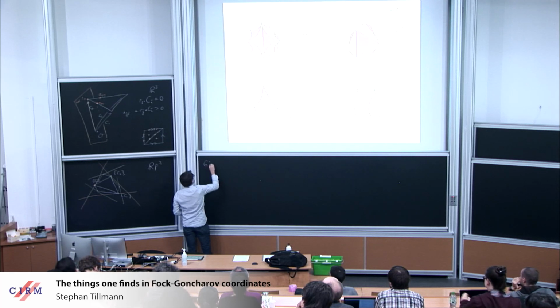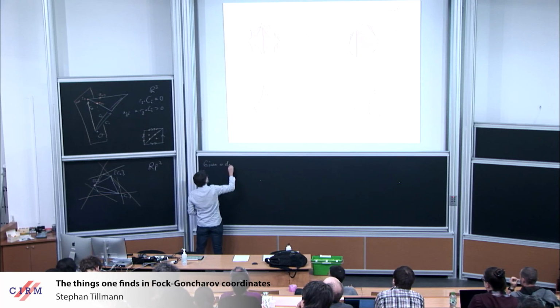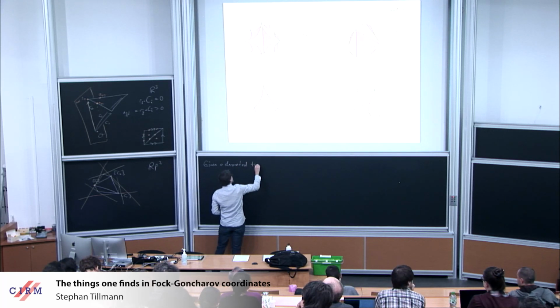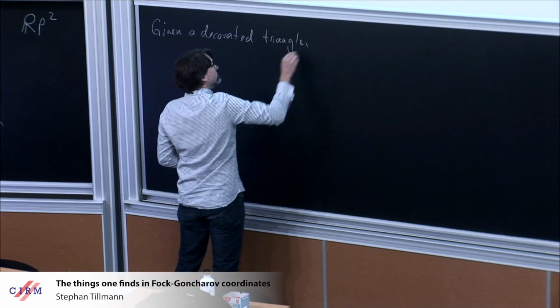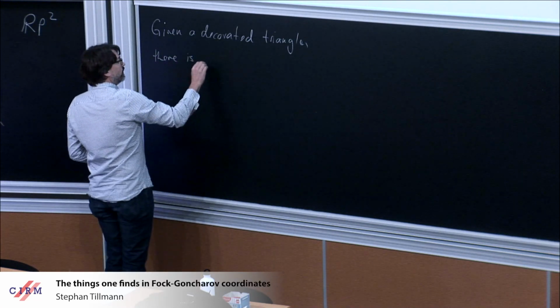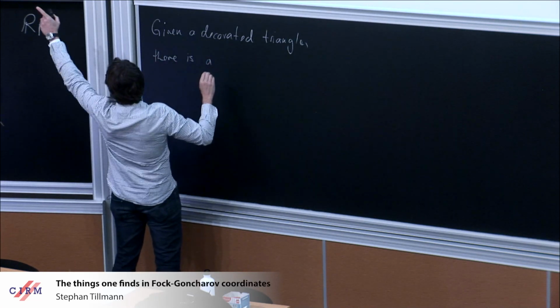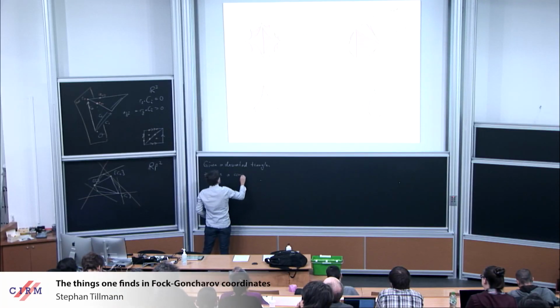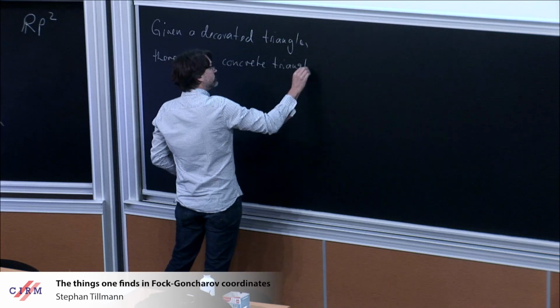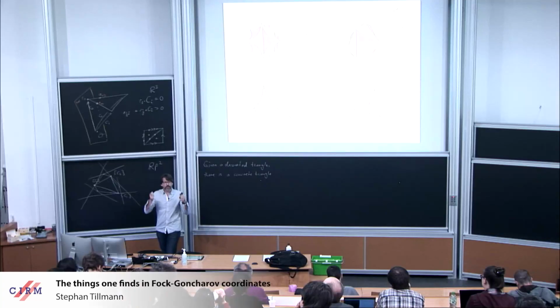And so this picture here is actually, once you have these decorated triangles, given a decorated triangle, there's what I call a concrete triangle. And the concrete triangle comes with the vectors and the covectors.